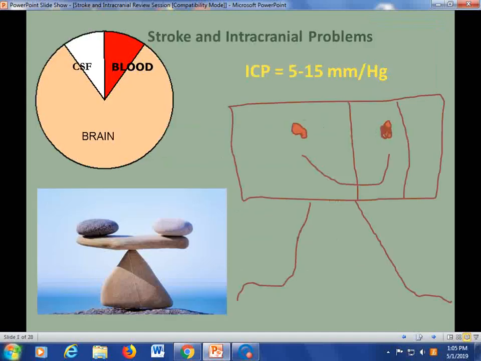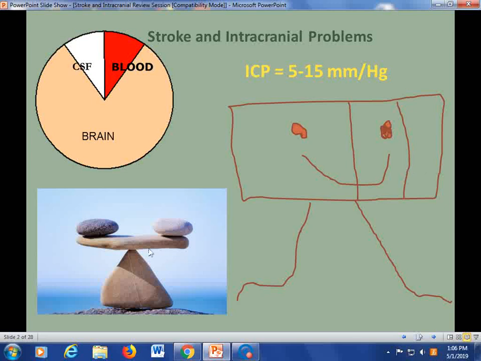And when we talk about any kind of intracranial problem, whether it's a hemorrhagic stroke or an ischemic stroke, we go back to our basic anatomy of the substances that are inside the skull. We know that the skull is a bony box, is how I describe it. And inside the skull, there are three items. That's the brain, which takes up the majority of the space within the skull, and then the CSF, or cerebrospinal fluid, and the blood.